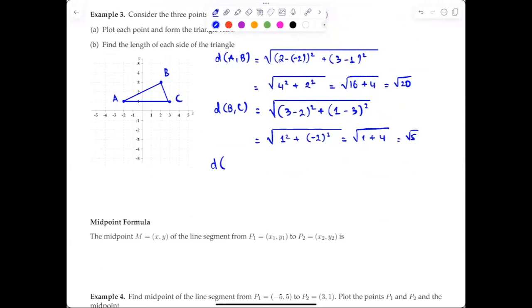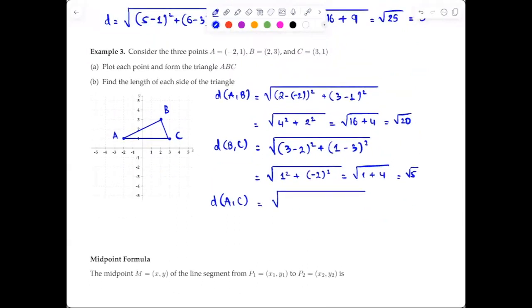And the distance between A and C is the square root of 3 minus negative 2 square plus 1 minus 1 square. So you get square root of 5 square, or just 5.